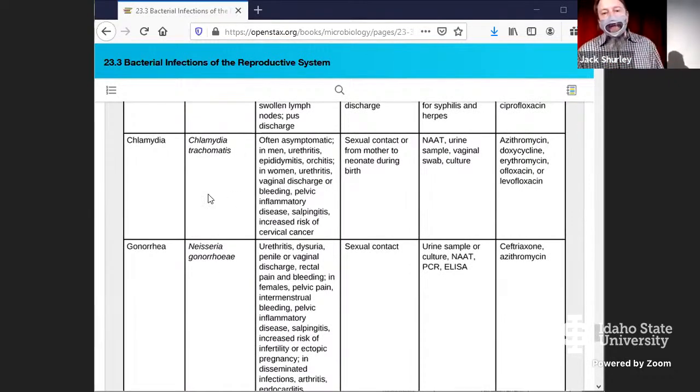Chlamydia, Chlamydia trachomatis, often asymptomatic, maybe in both, but in men, if you do exhibit symptoms, we can see urethritis, epididymitis, orchitis, maybe a little bit of pain at urination, maybe a little burning at urination.